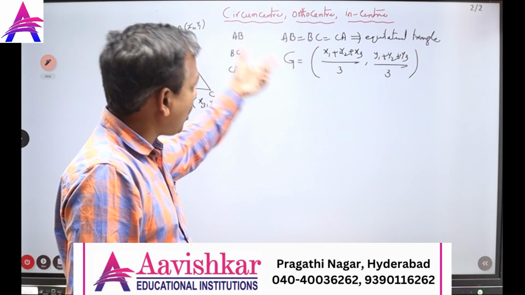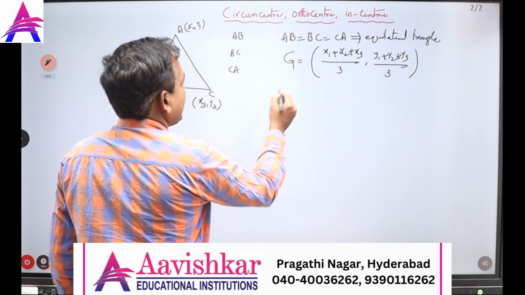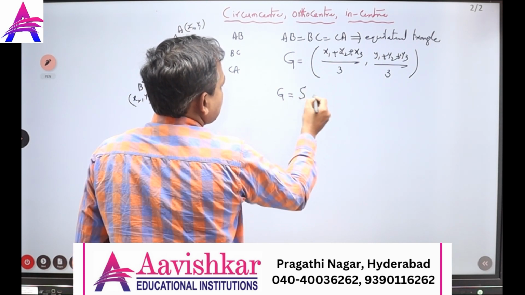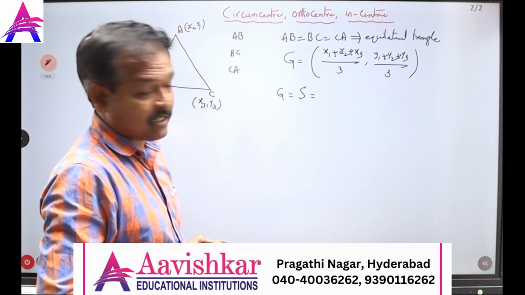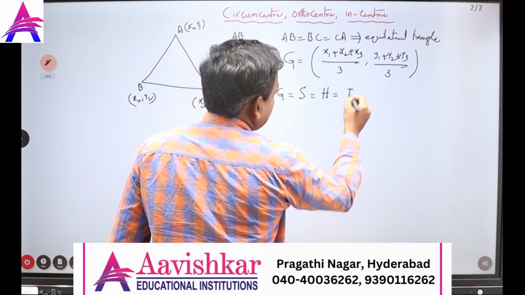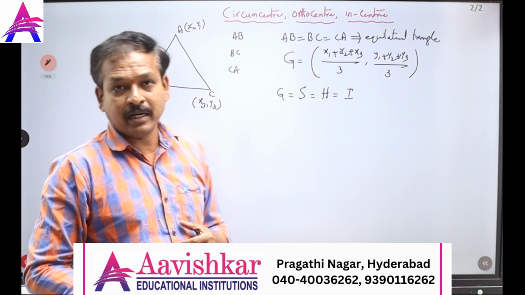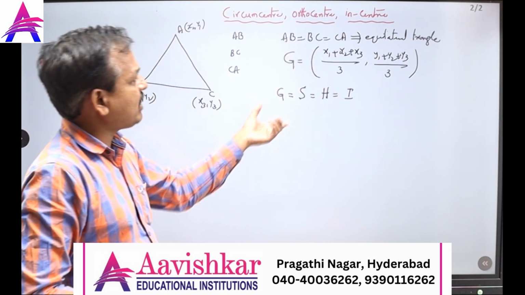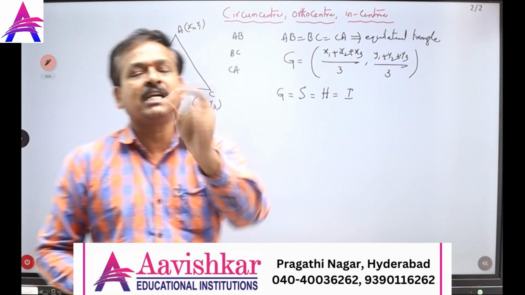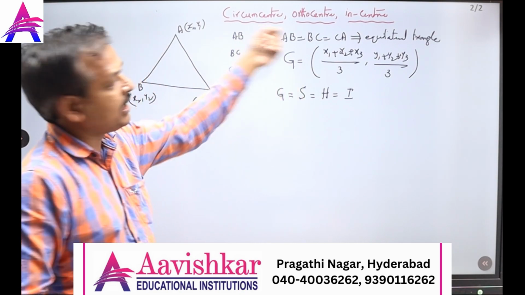So whenever you get an equilateral triangle, the centroid itself is the circumcenter. I am going to represent circumcenter with the letter S, orthocenter H and incenter I. So no need to find out S, H, I separately. The technique is: if the triangle is equilateral, you have to find out only the centroid, and that itself is the circumcenter, orthocenter and incenter.